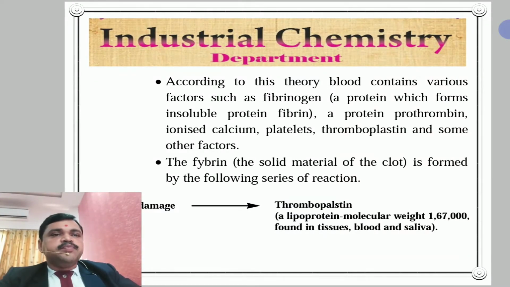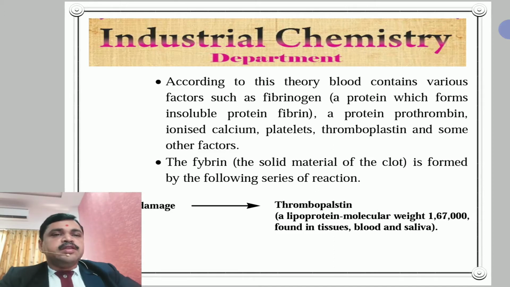According to this theory, blood contains various factors such as fibrinogen, a protein which forms the insoluble protein fibrin; prothrombin, a protein; ionized calcium; platelets; thromboplastin; and some other factors. These are the blood's main constituents.